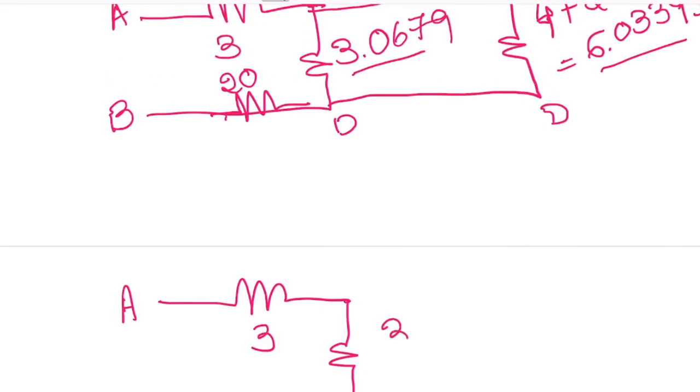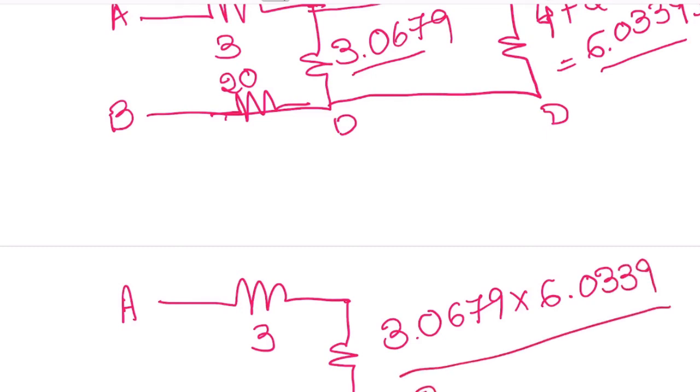So 3.0679 multiplied with 6.0339 divided by 3.0679 plus 6.0339 comes as 3.6284.